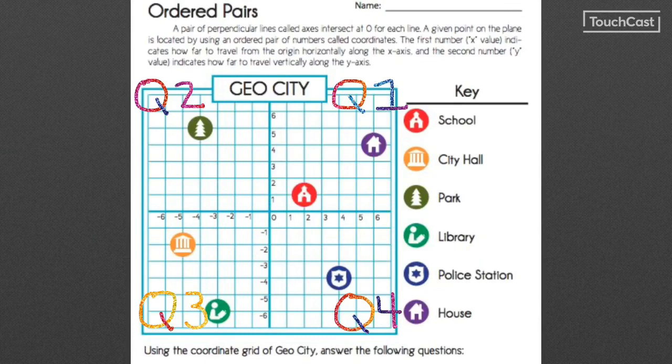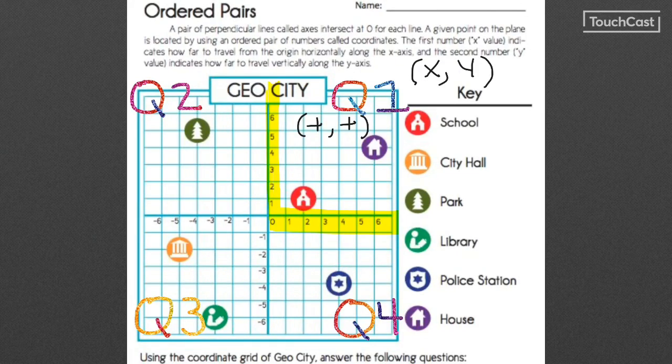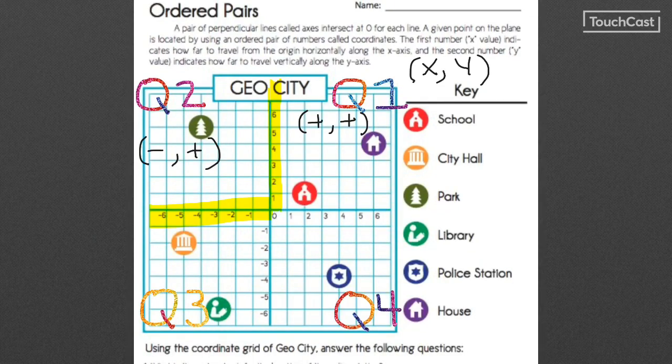Let's talk about the values we see in each quadrant now. In quadrant 1, our numbers are always going to be a positive x and a positive y. I've highlighted the x and the y-axis so you can see that all of the numbers are positive values. In quadrant 2, we have negative x values but positive y values.